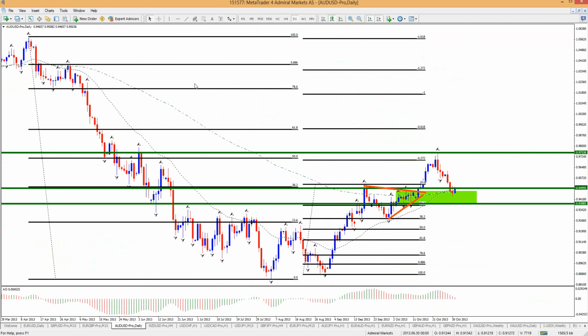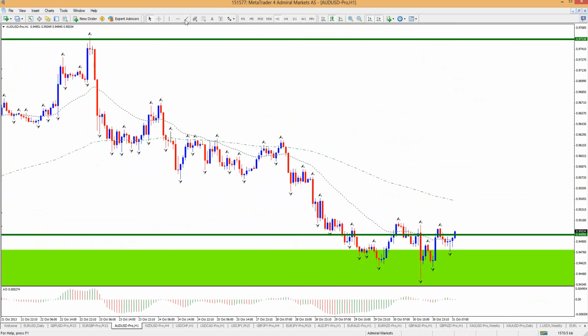Anything above that 93.80, we could see that bounce. So yesterday's high is still important, and yesterday's high can be represented by, for example, this trend line, and we'll probably need to break above this level too, and then we will have a confirmation of that bounce most likely. Right?